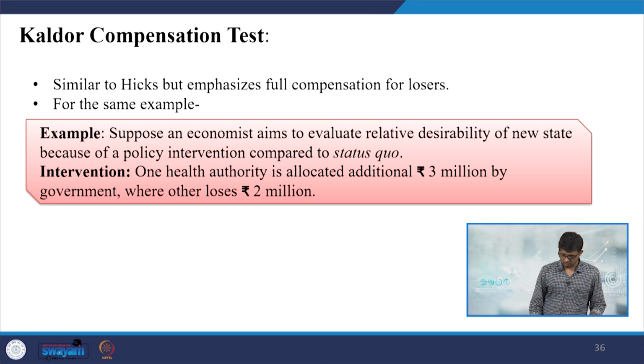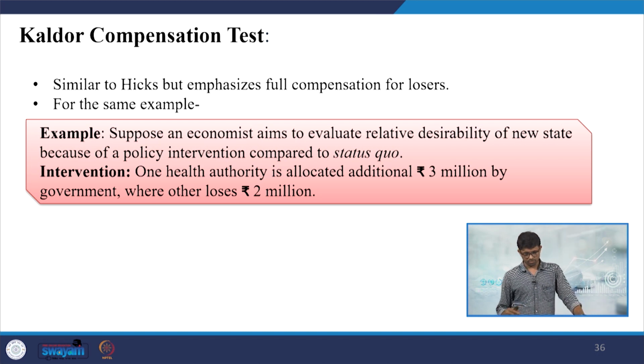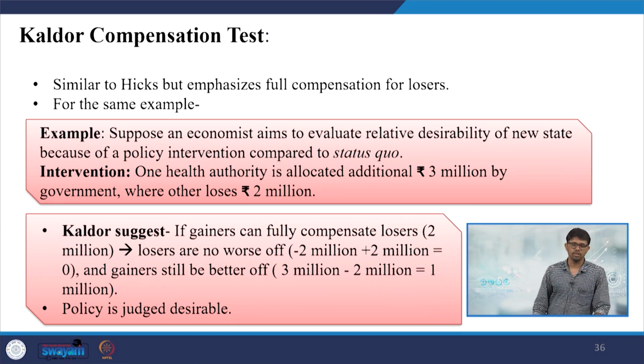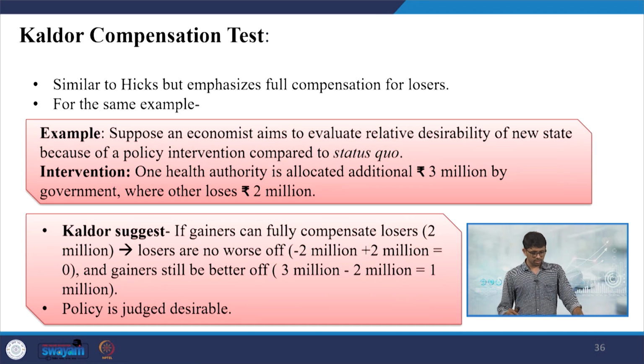Suppose again, in the context of desirability of the outcome of policy interventions, the authority is allocated the same 3 million rupees by the government and the other loses 2 million rupees. Kaldor suggests that if the gainer can fully compensate the losers of 2 million, that is, 3 million is received and 2 million is given by the gainers to the losers, the loser is not going to be worse off, his loss is compensated.